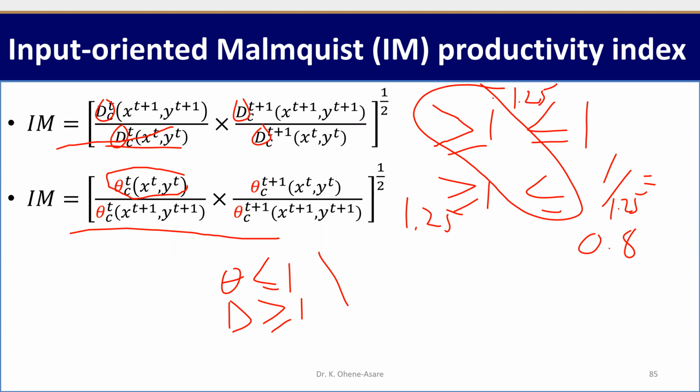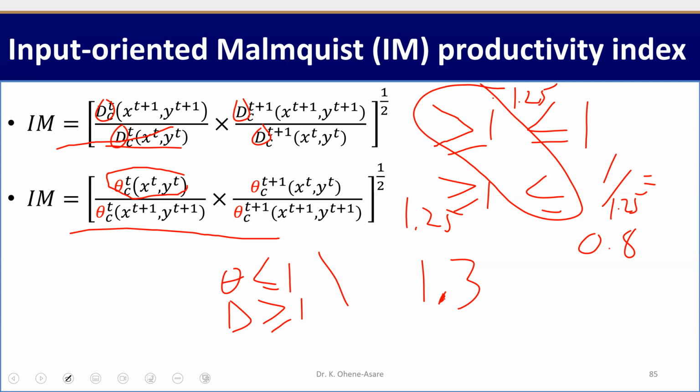Input orientation, take the reciprocal. Output orientation, you don't take any reciprocal, whether you are using distance function or you are using efficiency scores. Once you are dealing with output orientation, whatever score you have, when you get a value of 1.3, what it simply means is that productivity has increased by 30%.